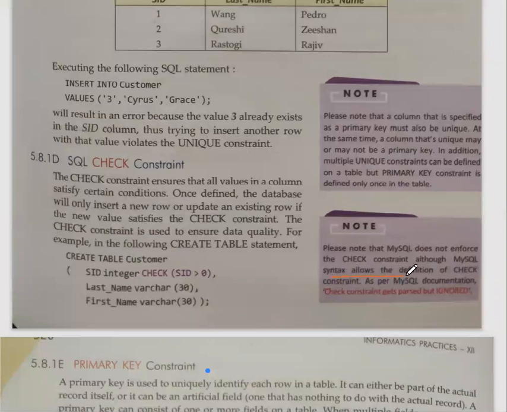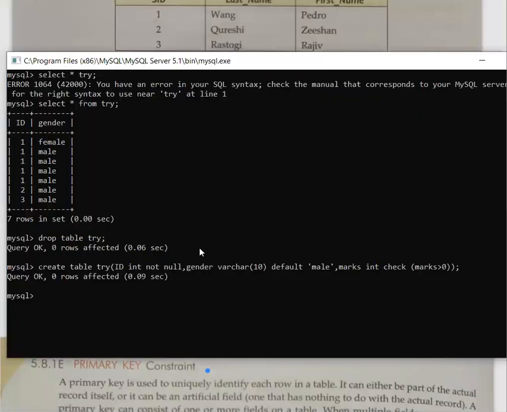It means definition-wise you will not get any error message, but it will not work either. So you can see that it is not giving any error message, but when you insert marks, you can insert negative marks also. Only in the case of MySQL, remember this. In other RDBMS software you will not get this problem. Insert into try values.